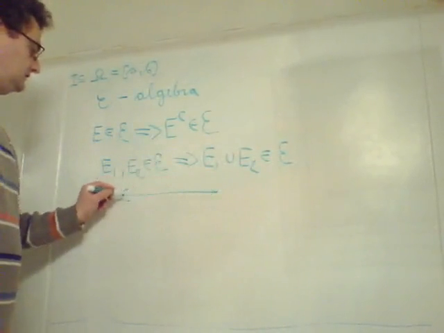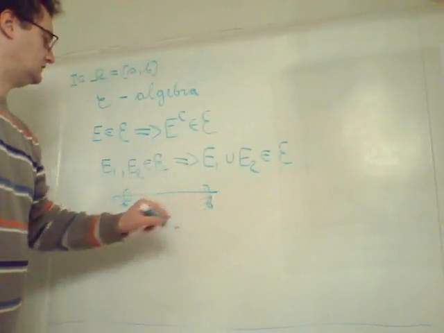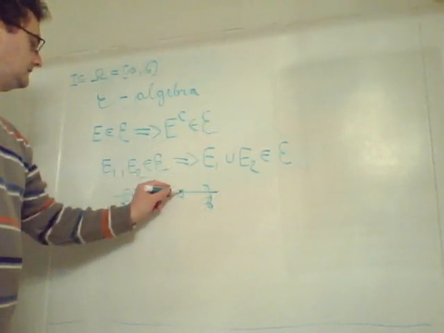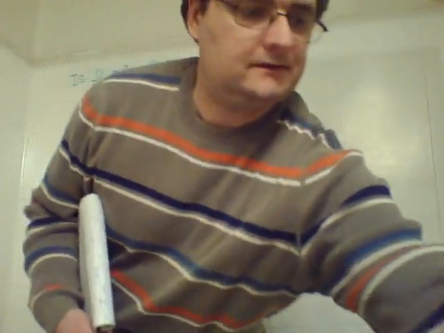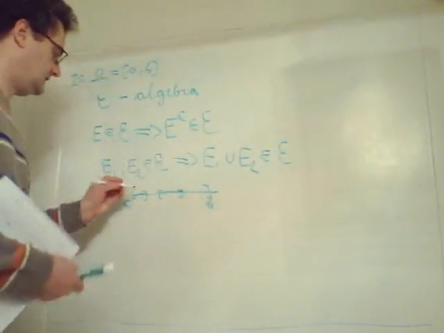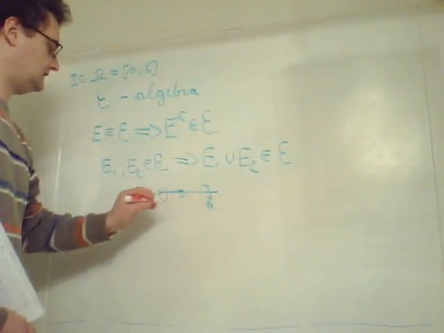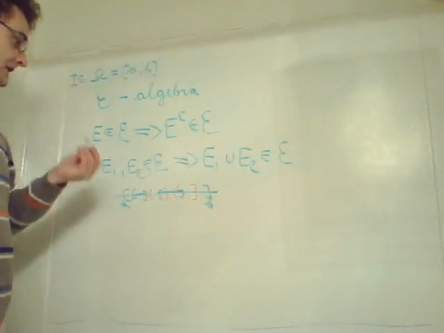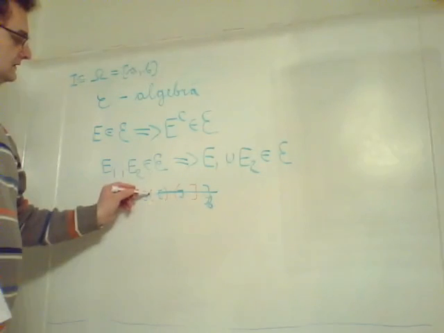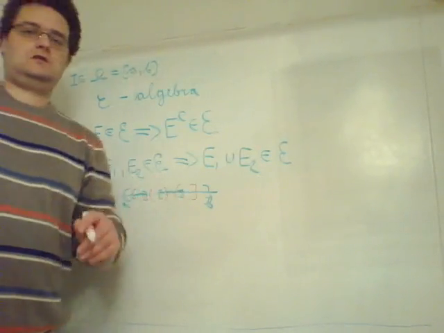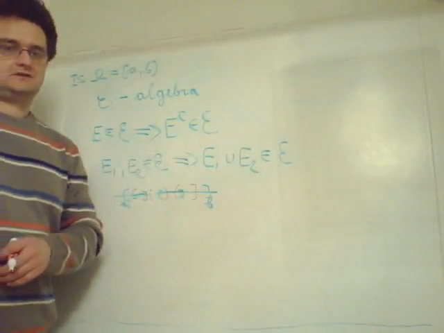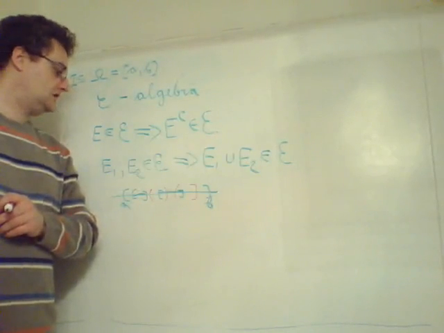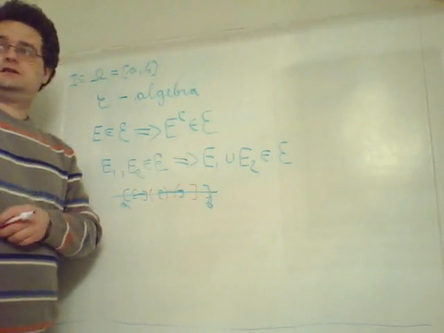Again, just to illustrate, if this is E1 and this is E2, then when you take a union of overlapping intervals, so union of intervals with non-empty intersection, you actually get another interval.